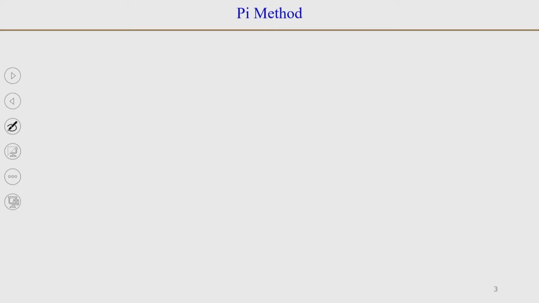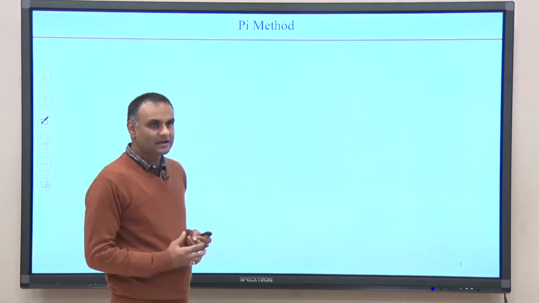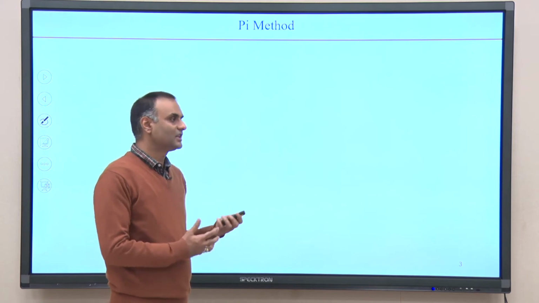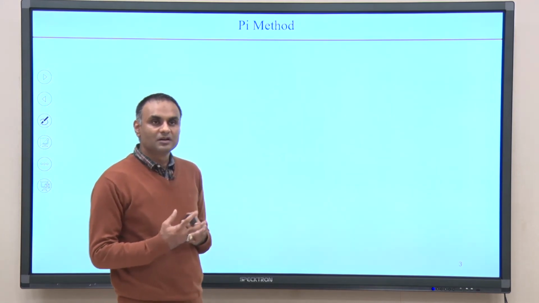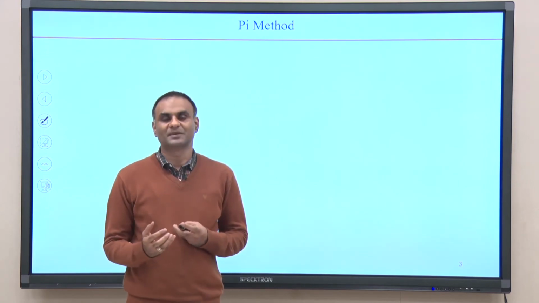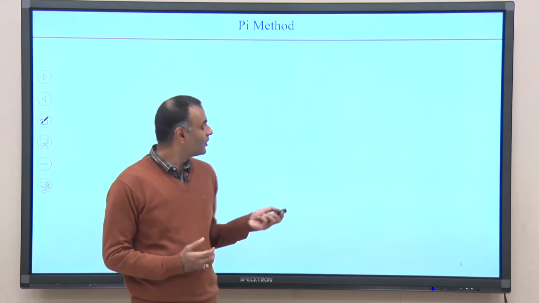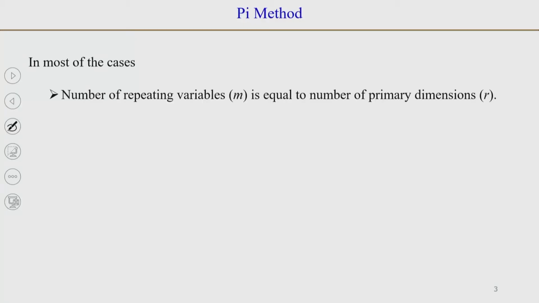Now, cases like this arise very rarely. For most problems, the theory that we developed in the previous class, that the number of repeating variables will be equal to the number of primary dimensions, will hold good, except for a few. So, in most cases, the number of repeating variables m is equal to the number of primary dimensions r.